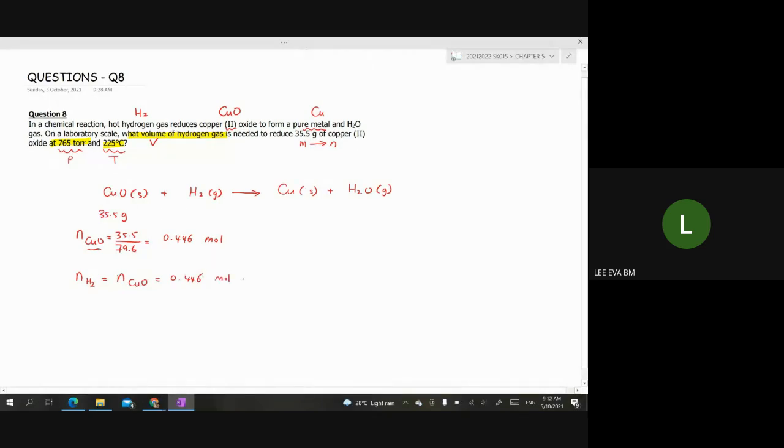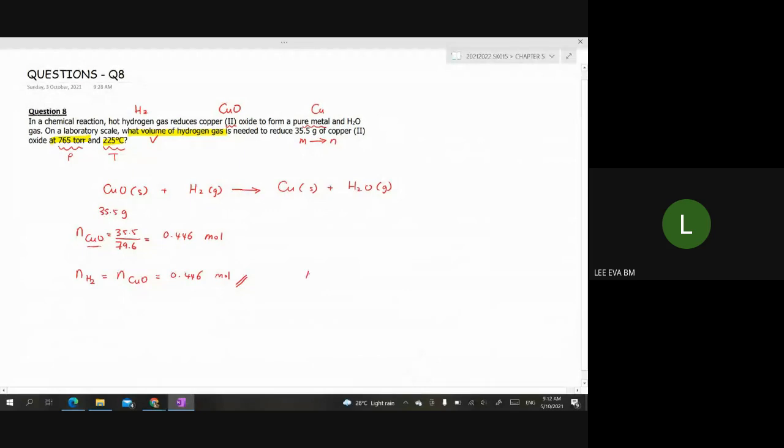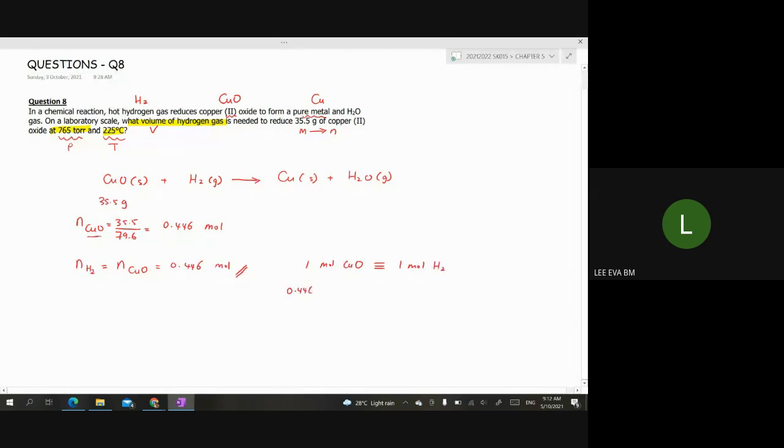Okay, yang paling senang awak tulis macam ni. Kalau tak nak, kita boleh apply awak punya stoichiometry daripada chapter 1. So say 1 mole of copper oxide equivalent to 1 mole of hydrogen gas. So if we got 0.446 mole of copper oxide, therefore the same number of mole for hydrogen gas.